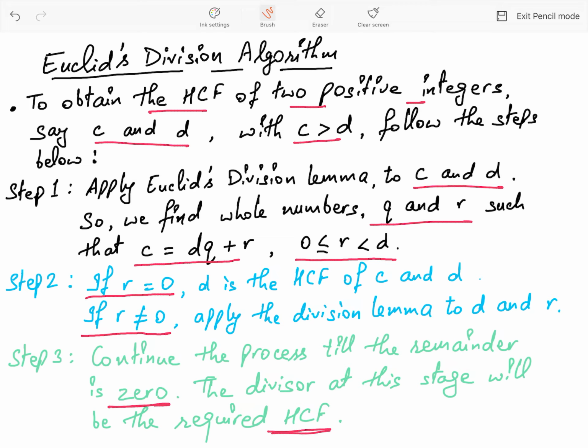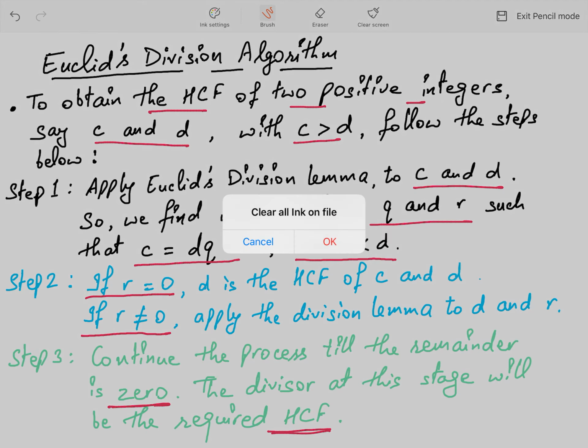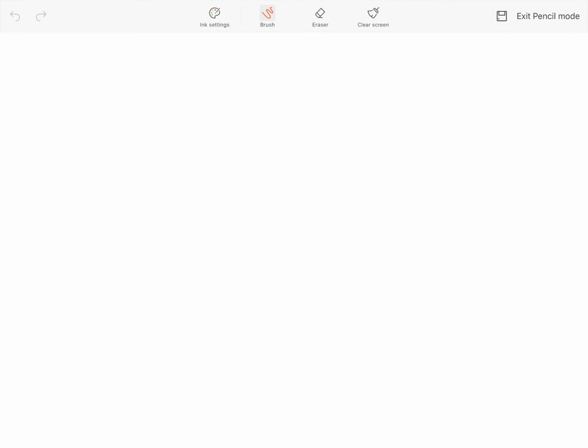Okay, so now we will take one example to clarify what the definition says. Suppose we need to find the HCF of two positive integers, that is 455 and 42.